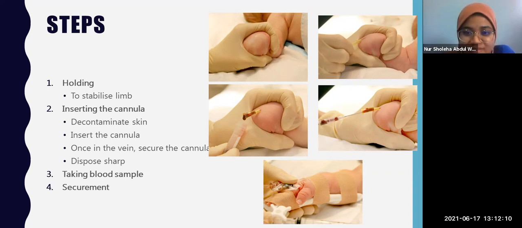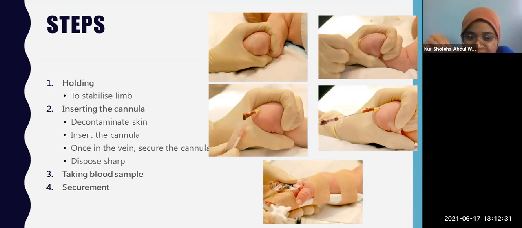Second, we need to insert the cannula. Before we insert the cannula, we need to decontaminate the skin using the alcohol swab and leave the site to dry for about 30 seconds. Then we insert the cannula just distal to and along the line of the vein at an angle of 10 to 15 degrees.